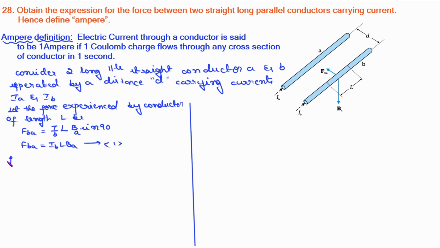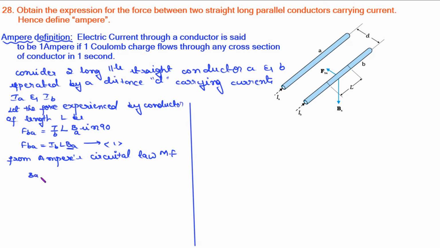Next, from Ampere's circuital law, the magnetic field is given by, okay, from Ampere's circuital law, we need BA, that is why.